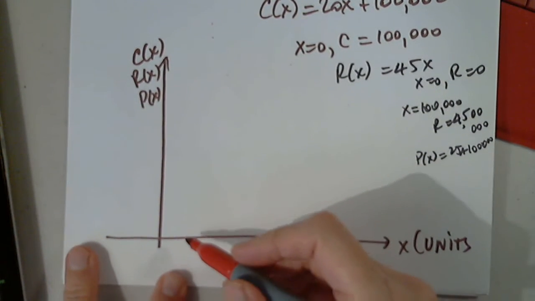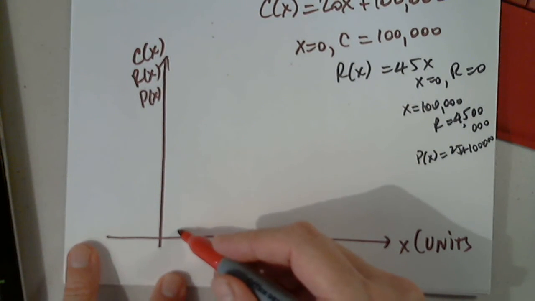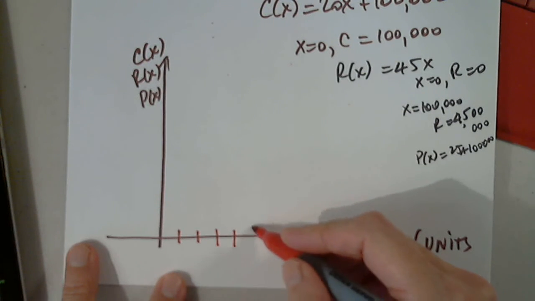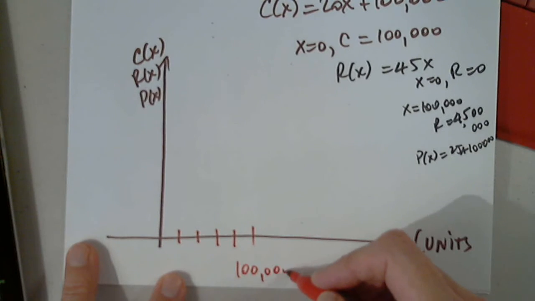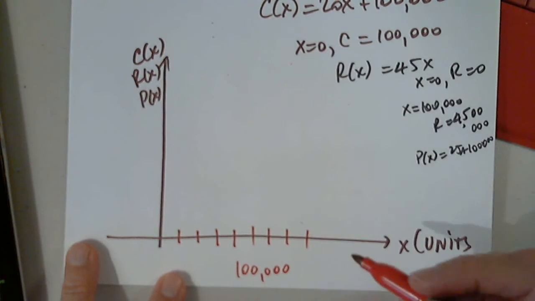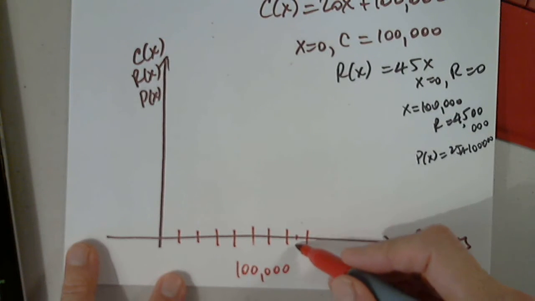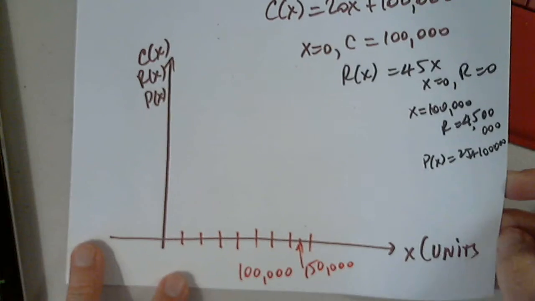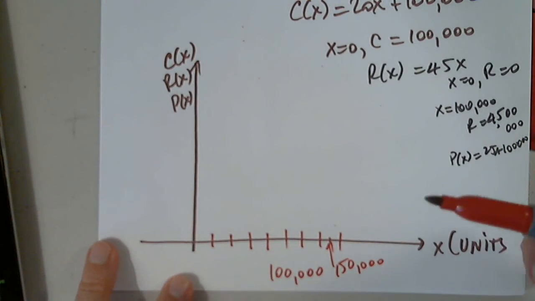Okay, so 20, 40, 60, 80, 100,000 units. 20, 40, 60. So I have here, this one is 150,000. Okay. So I don't want to exceed 7 million on the y-axis. Fine.